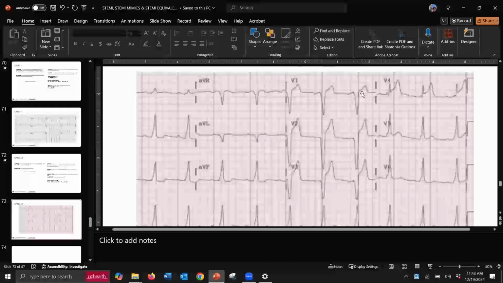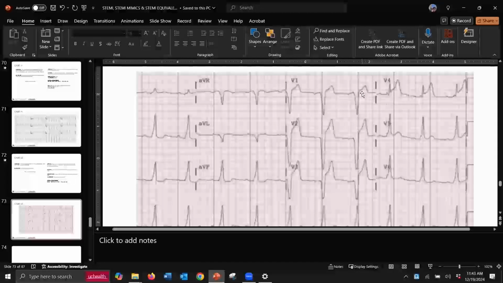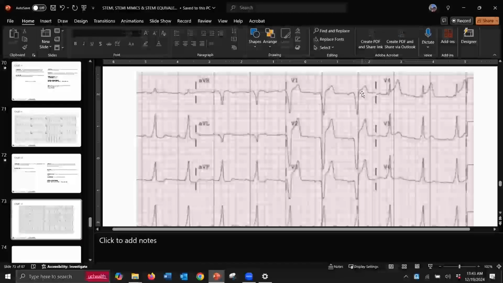Understand that STEMI criteria is old. It still works, right? But understand that we miss some very important things utilizing STEMI criteria. And I'm not even talking about from the standpoint of alerting and getting PCIs going.